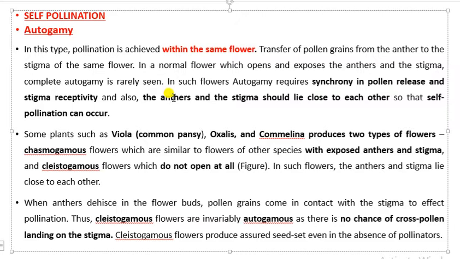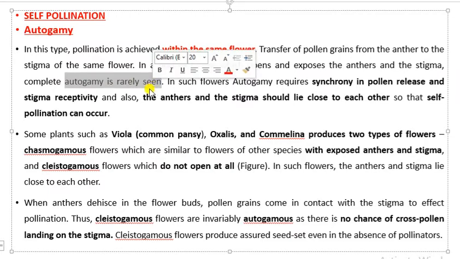As a result, there are fewer chances that the same flower's pollen reaches the surface of its own stigma. Apart from that, some other pollen would land on the stigma of this particular flower. So we can say that in a normal open flower, autogamy, self-pollination, is rarely seen because there are fewer chances of self-pollination taking place.